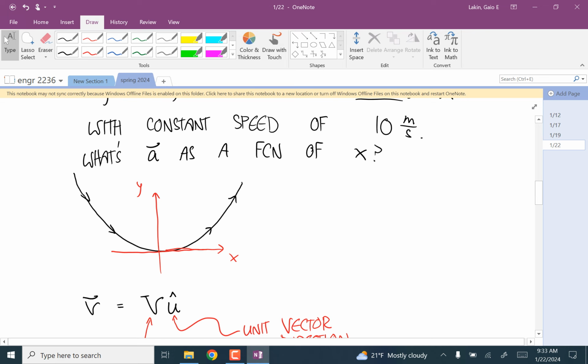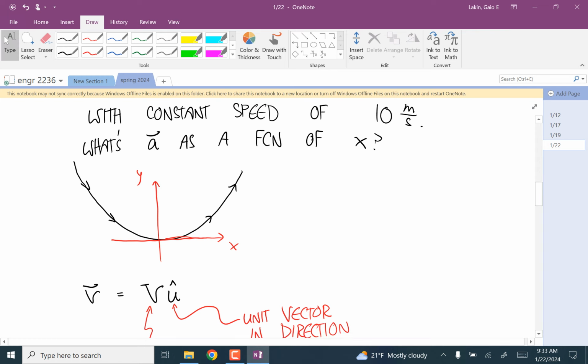For this to be a constant upward acceleration, you would have to have a parabola in the y position versus time, not in the y position versus x. Okay, so it's totally different, and that's why our acceleration is so much higher.